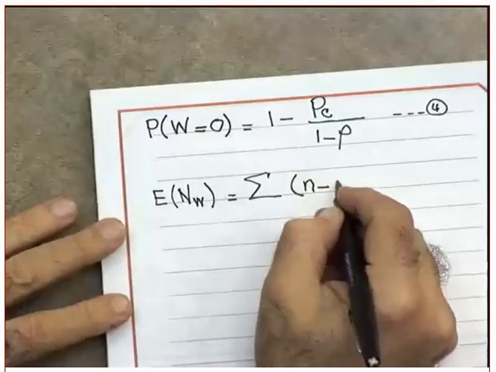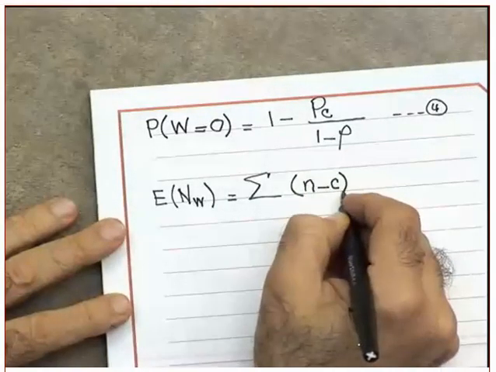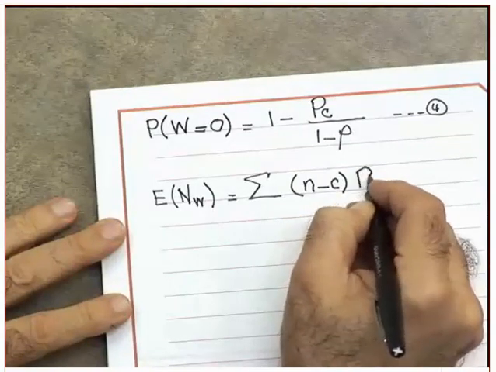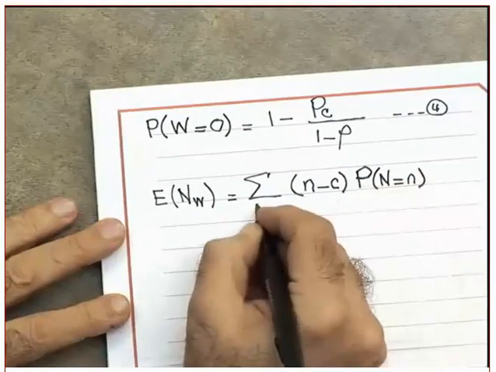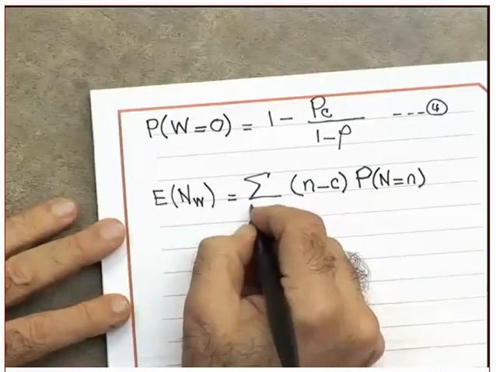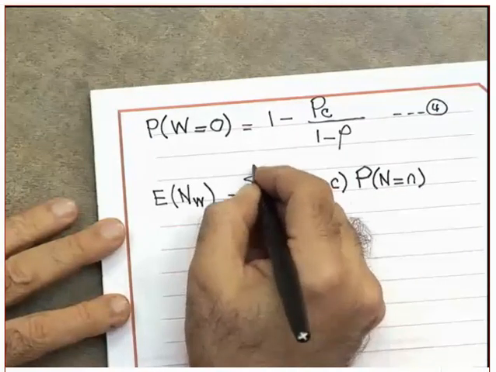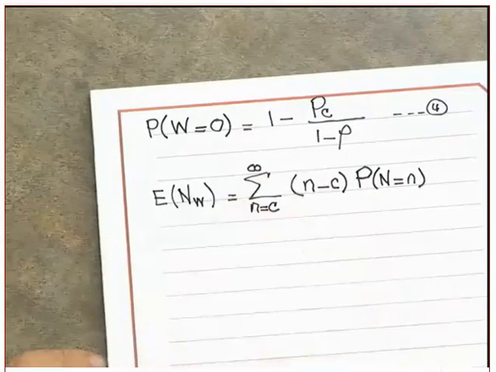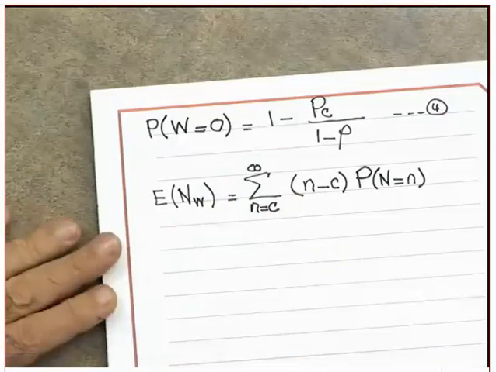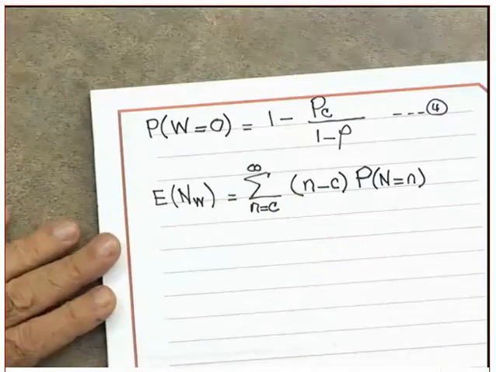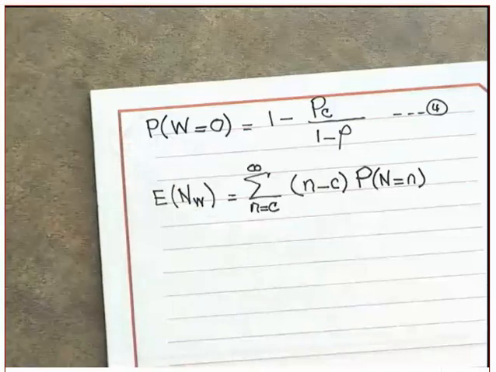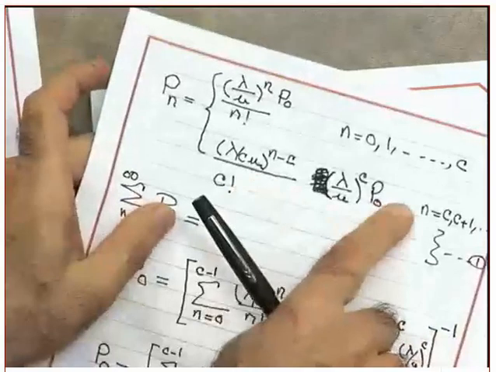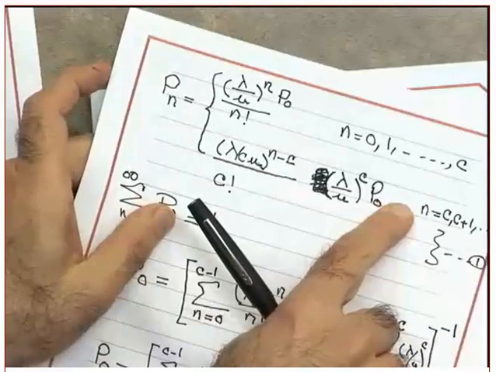N minus C times what? From where to where? Did you get it or you lost me? By the way, when I say Pn, I'm only going to use this one. Did you get my point or not?